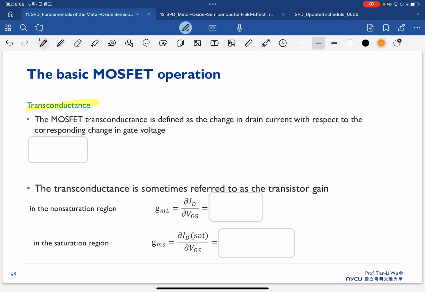We have gm equal to the derivative of the drain current versus the derivative of the gate voltage. So transconductance is defined as the change in the drain current versus the change in the gate voltage.